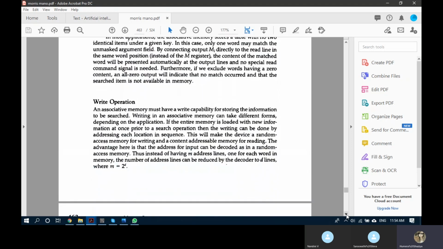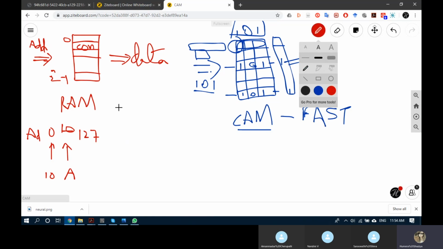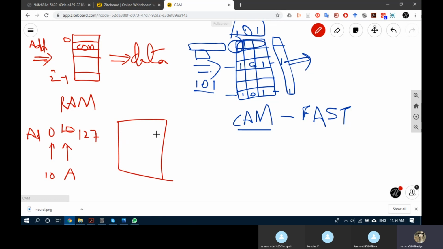Write, what happens in RAM to write? To write in RAM, you have to specify two things. You have to specify the address, because every location has an address.